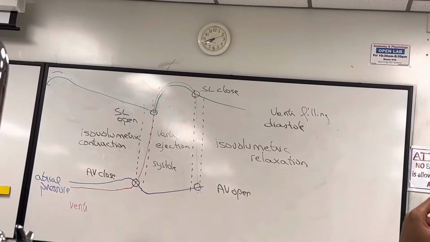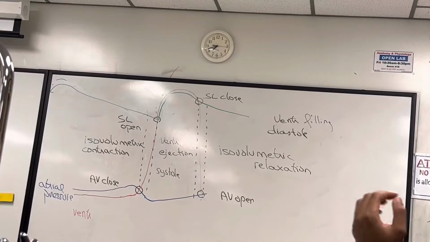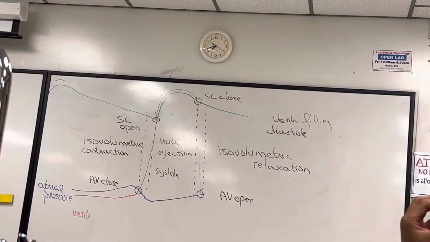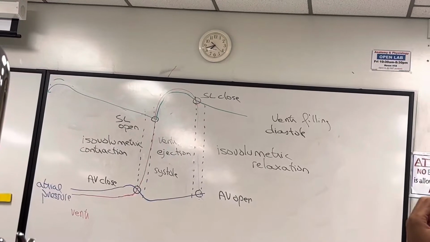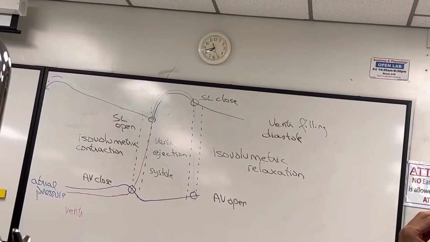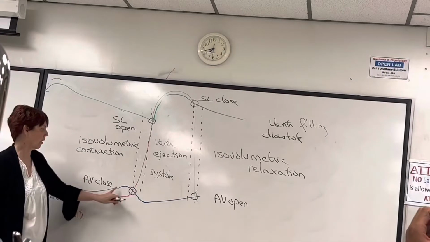Are they open or closed? Open, because the atrial blood flow into the ventricles is pushing the AV valves open. So they have opened, they're open, or they just opened, okay? As you can see, that occurs right here, it's ongoing.